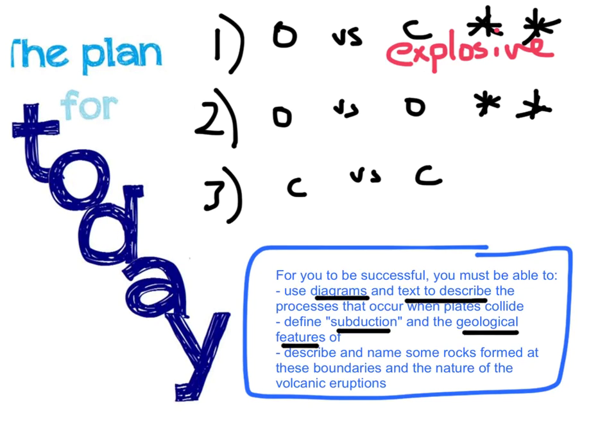Just to give it away, this one here is explosive because of the silica content of the magma. This one here is peaceful because the magma doesn't have that silica content and it can flow. It's very important you can articulate that in your own words, and the diagrams need to be very well labelled. And go back and look at my diagrams too, and do a better job of labelling than me.